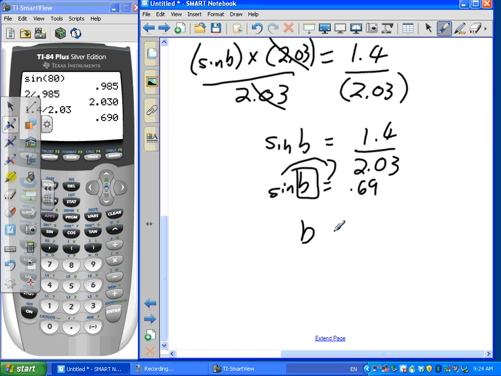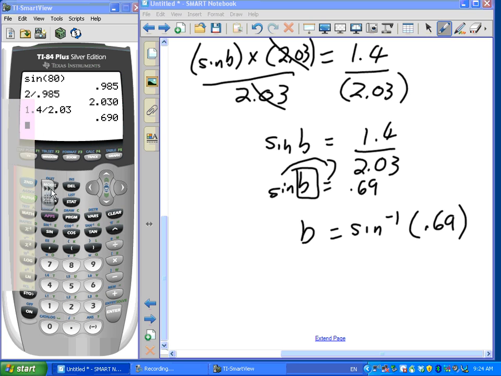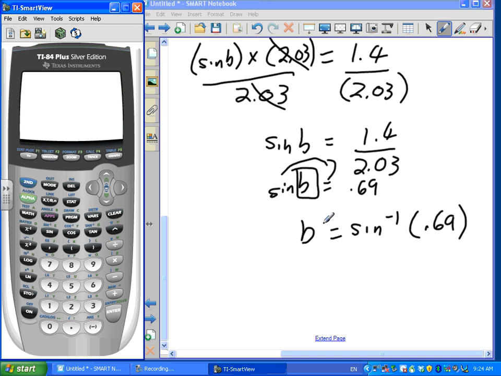So angle B is equal to sine inverse 0.69. When you go to put this in the calculator, this is the hard part for most of you guys. Most of your calculators, you're going to hit second function first. See how mine has an up arrow? Then I hit sine. I have sine to the negative 1. Then I type in the number, 0.69, equals.